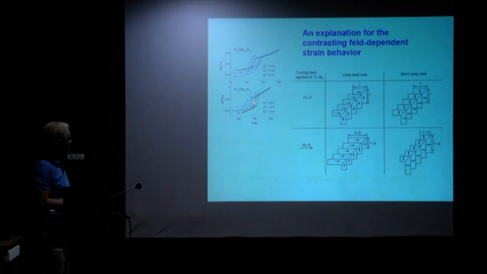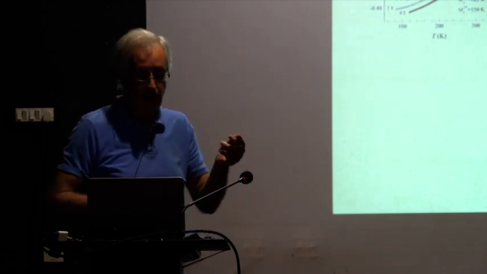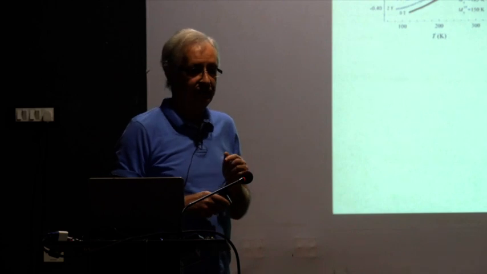So in the case where we have a long easy axis, this is our cubic state, and this is the tetragonal state. We have a small change first in no field. If we increase the field, this gets longer, and if we increase the field more, the difference gets larger in this direction, so that this tells us that in nickel manganese indium, the long axis is most probably the easy axis of the magnetization.